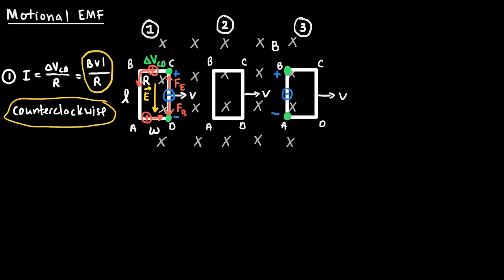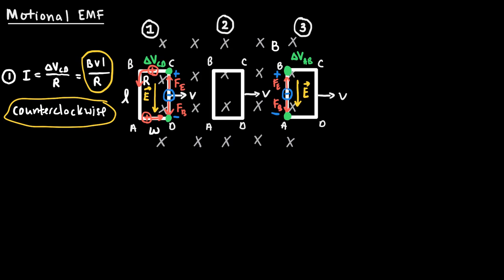We will still get an electric field that has the same orientation as location number 1. And by consequence then, not only will we have the downward magnetic force, but also the upward electric force. And we would get the same kind of separation of charge across points A and B, which would have a voltage delta V AB.